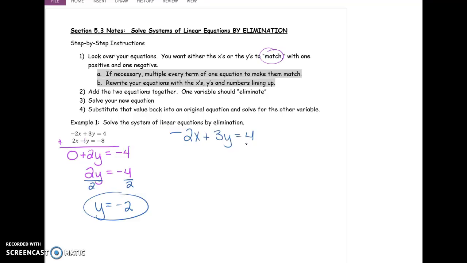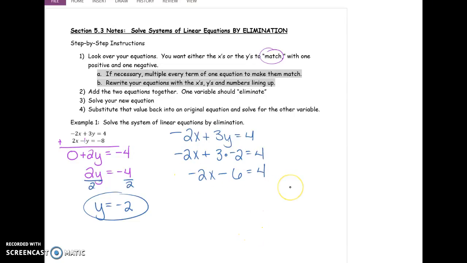We need to plug the negative 2 in place of our y. So negative 2x plus 3 times negative 2 equals 4. 3 times negative 2 is negative 6.